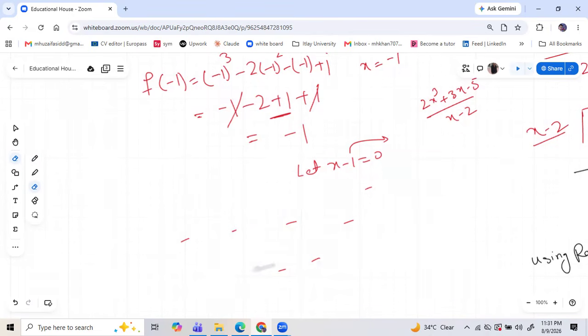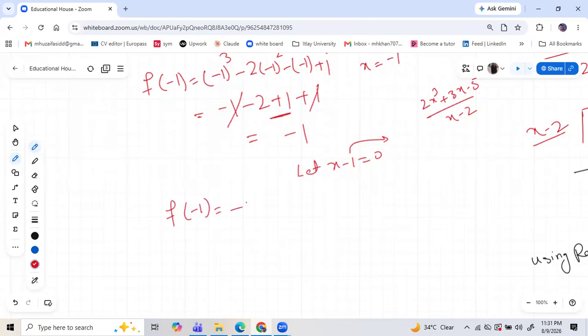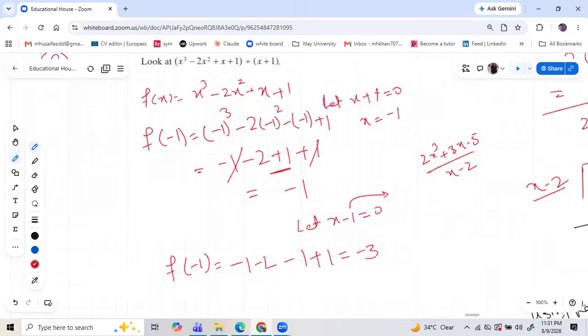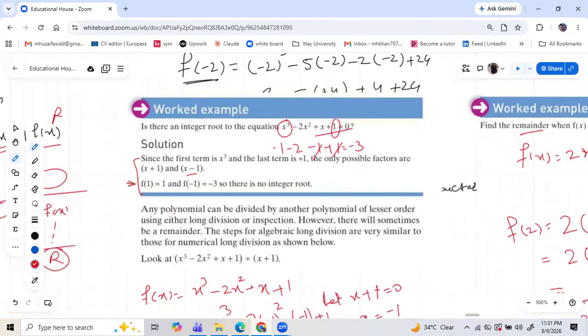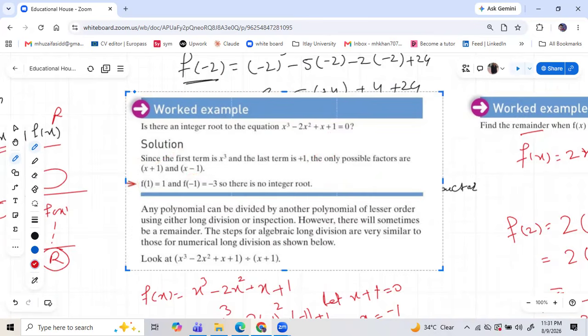So f of minus 1 equals minus 1 minus 2 minus 1 plus 1, so this is minus 3. Now look here: this is x plus 1, which gives x equals minus 1, and this is x equals plus 1. Did you get it?